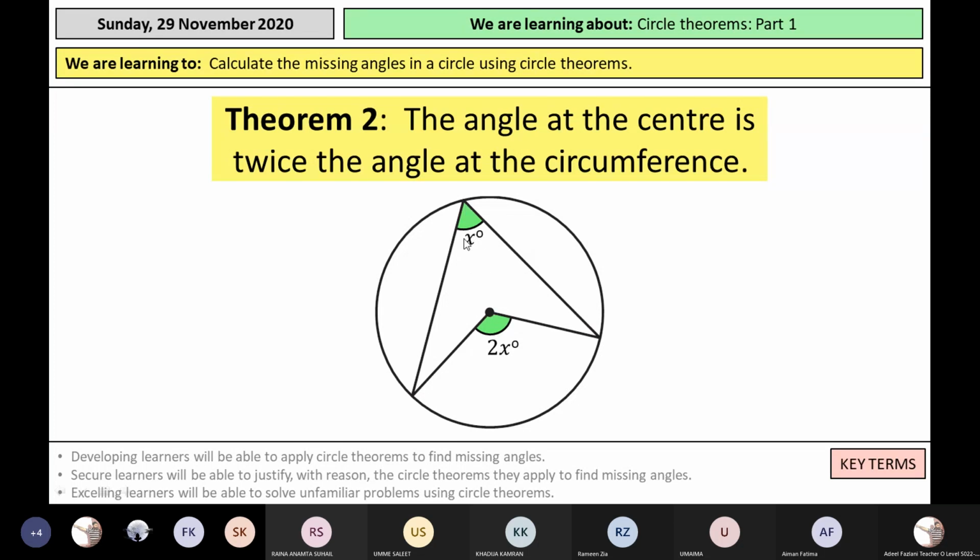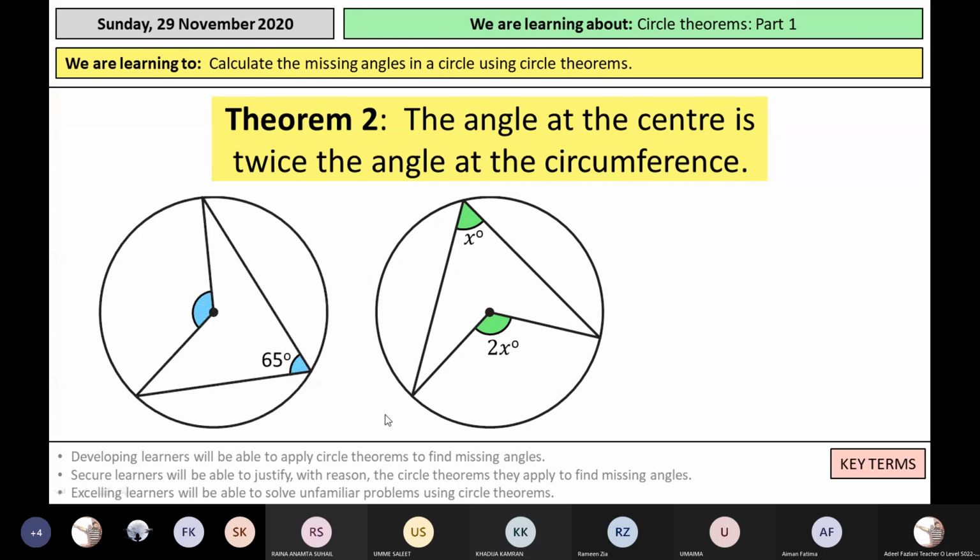Whatever the angle at the circumference is, the angle at the center of the circle is twice that, right? So if the angle is 30, the central angle is 60. If the circumference angle is, for example, x is 40, it's going to be 80.